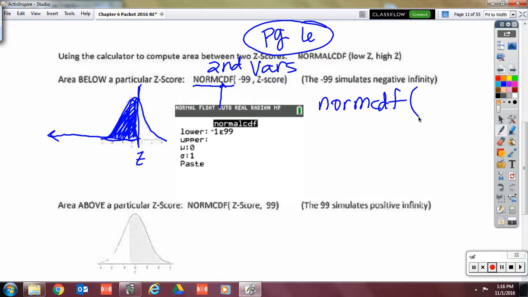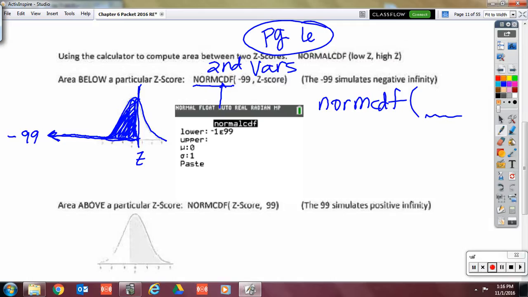The first number you need to put in is the lower z-score. In this case our low value is going out to negative infinity, so we're going to use a z-score of negative 99 to simulate negative infinity.